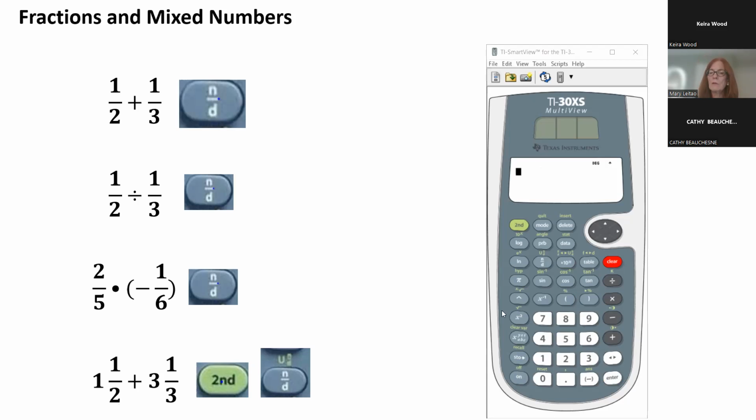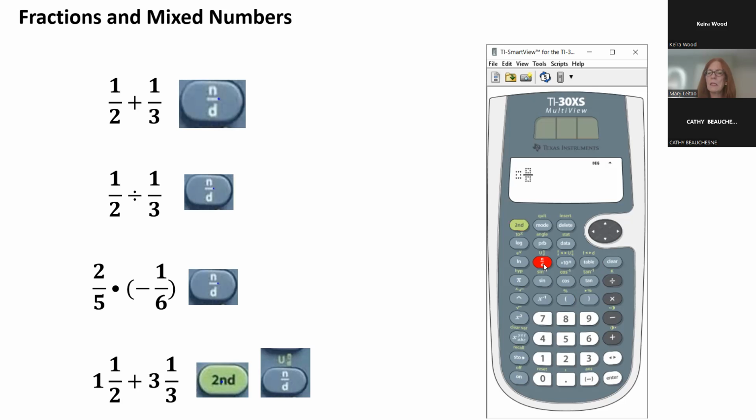Do one more on this page. We have 1 1/2 plus 3 1/3. So now I'm going to put in a mixed number to start. I'm starting the problem with a mixed number. So what I want to do is hit the second button, and then above the N over D button, above the fraction button, it shows that mixed number.